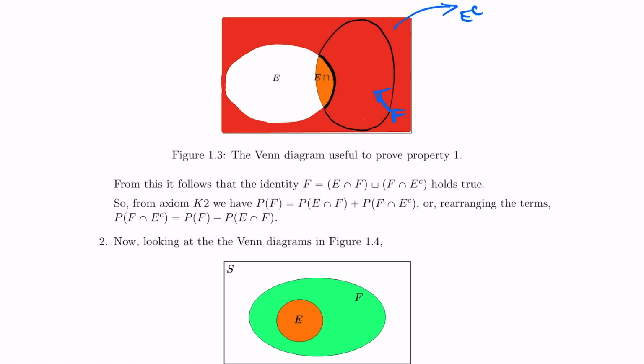Then, if you think about it for a second, if you intersect the complementary of E with F, you find the green region.